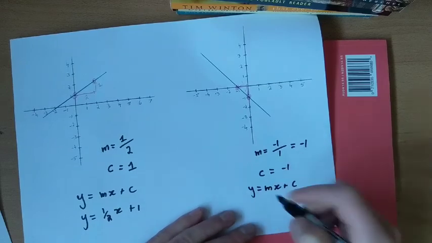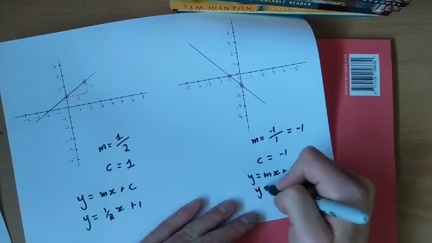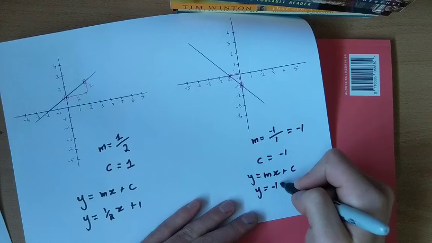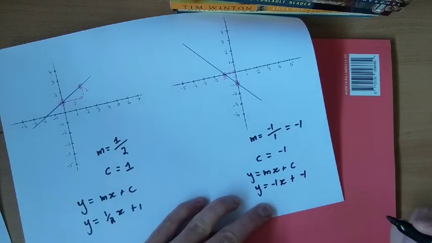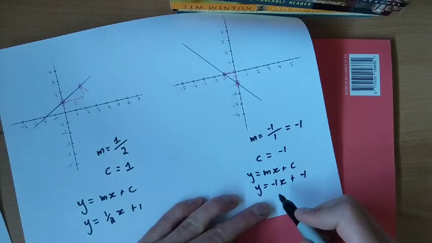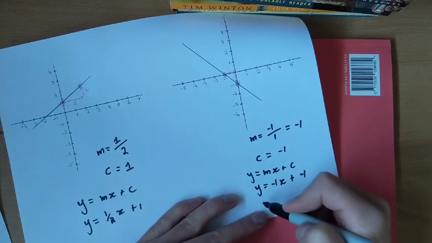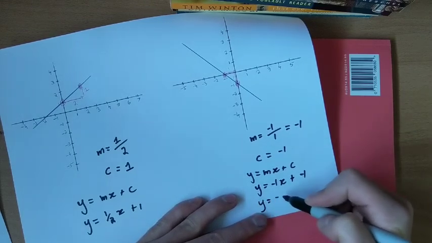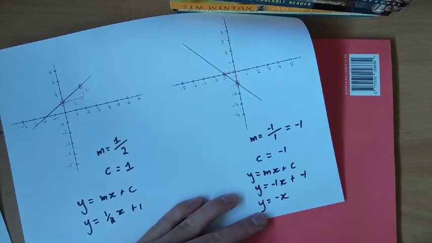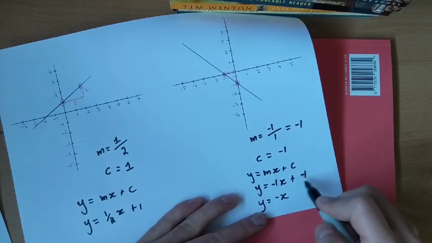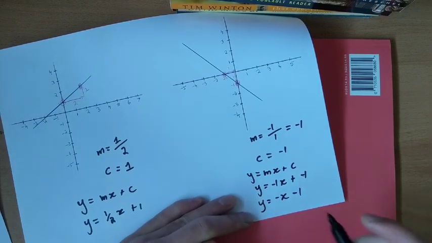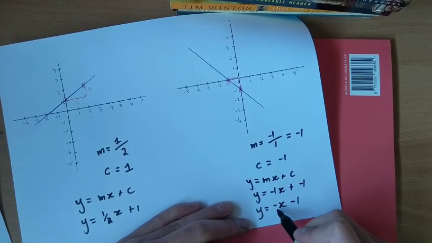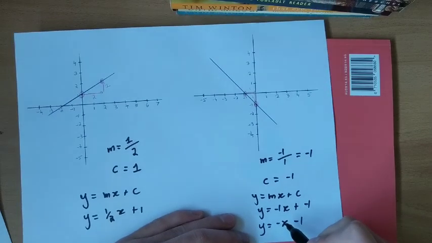So I'm going to get y equals -1x plus -1. And I'm going to clean that up a bit. If I have negative 1 times x, that just equals negative x. And if I have plus negative 1, that's just the same as minus 1. So my equation here becomes y equals negative x minus 1.